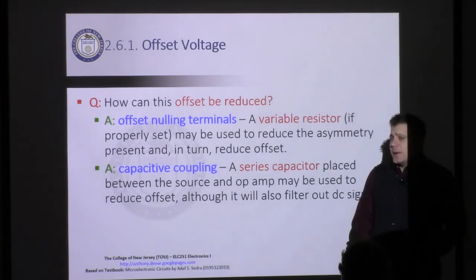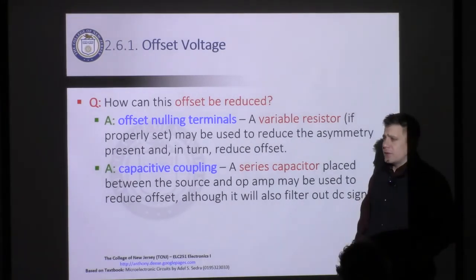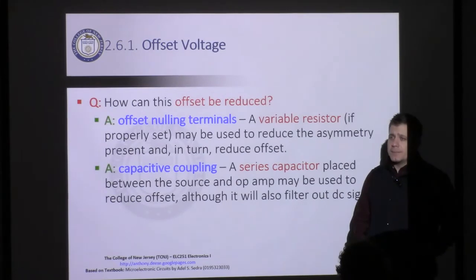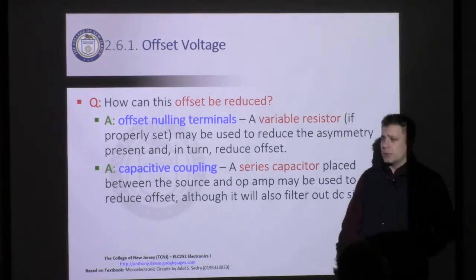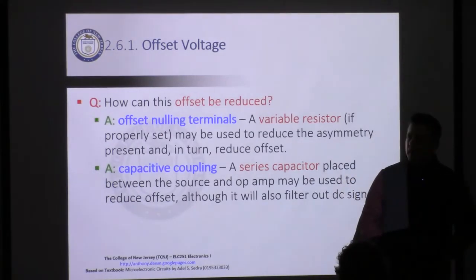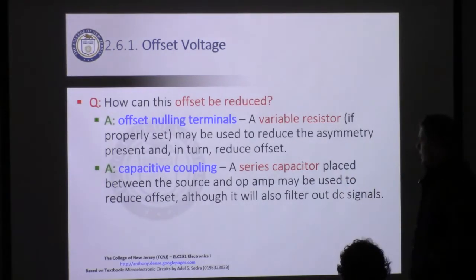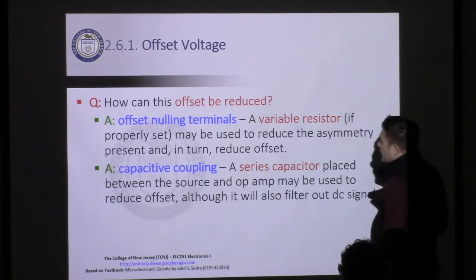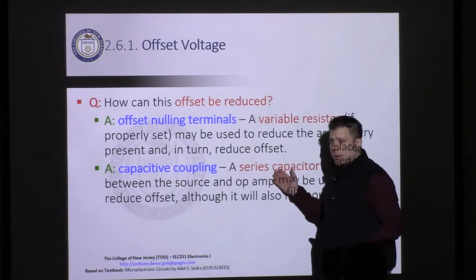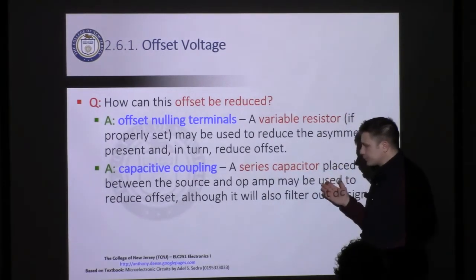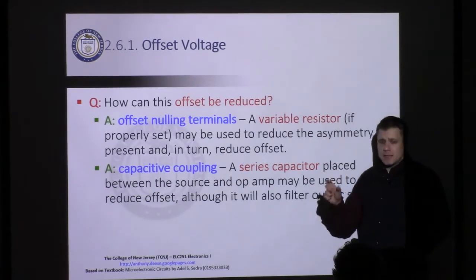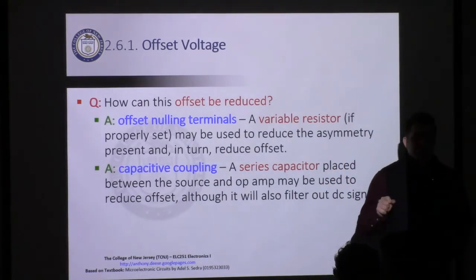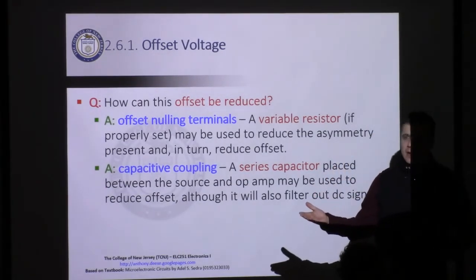Again, it would be dependent on the resolution of the resistors that you have available. If you go down to a resolution of 10 ohms, you may get close. If you go to 1, you get closer, and so on. Another way to reduce this offset is to use capacitive coupling between the input and the amplifier itself, because a series capacitor between the two reduces any DC value.